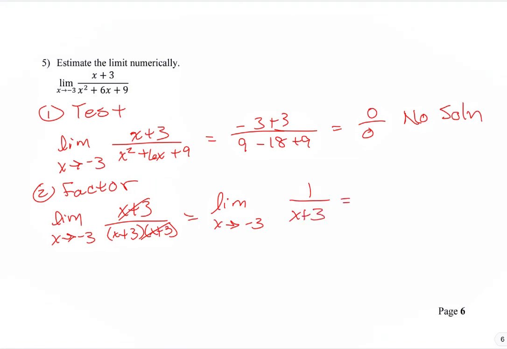This still gives me 1 over 0, which is still D and E. So the answer to this question is still D and E, because I still can't get rid of this second factor.